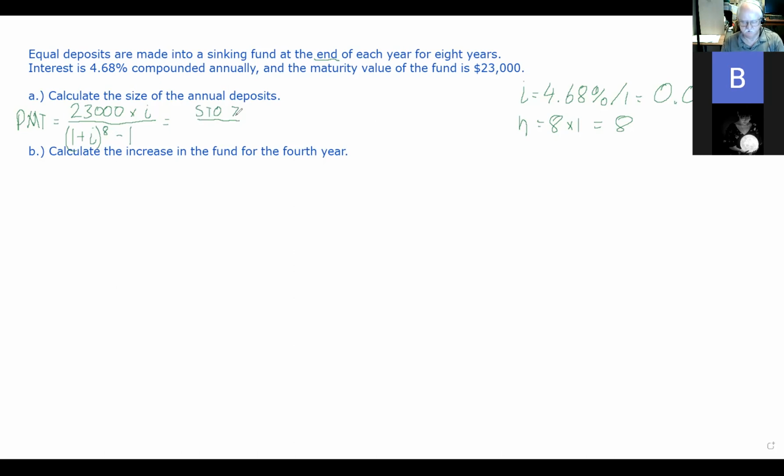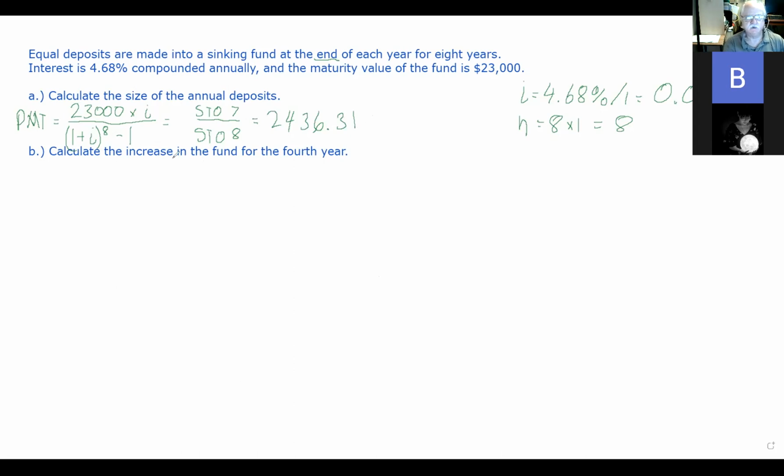Store 7 and recall 1 plus 1, Y to the x 8 equals that, minus 1. And then I'll store that in 8. So I can go recall 7 divided by recall 8 equals, and I get 2436.31. And I'm hoping Moodle likes that answer.